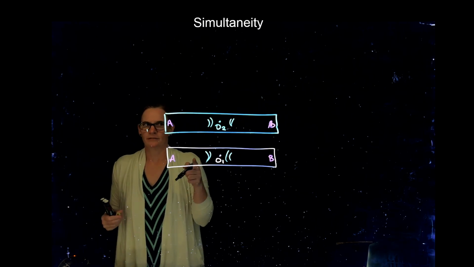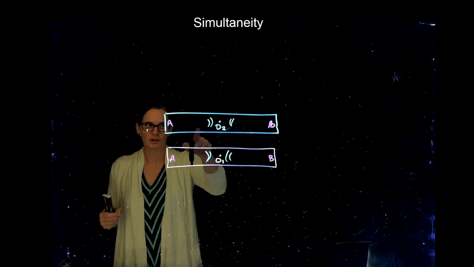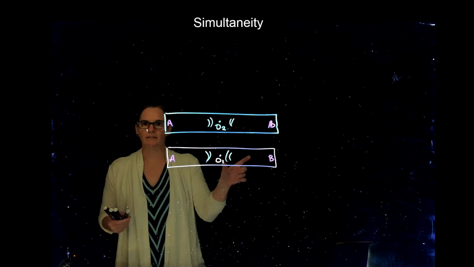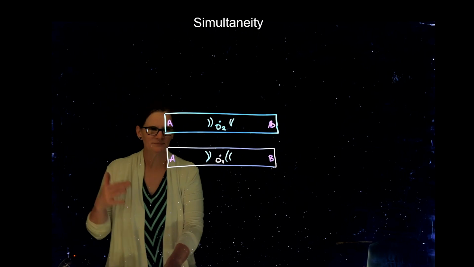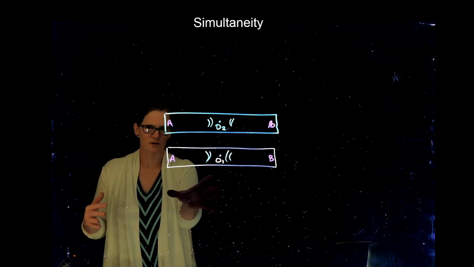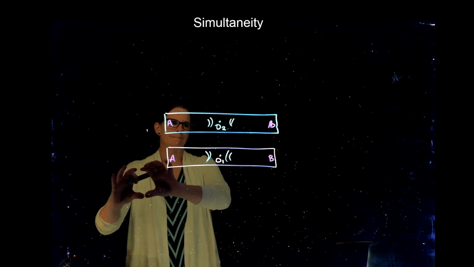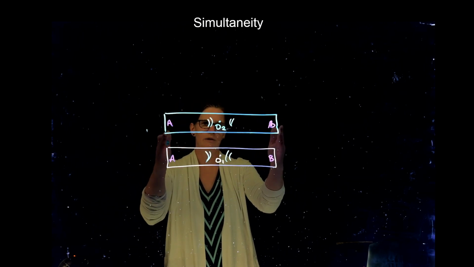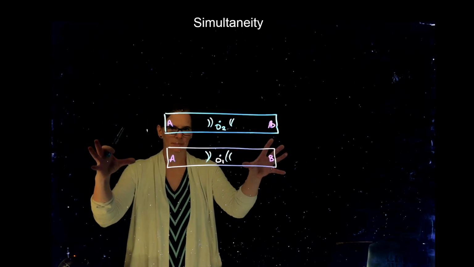Now what if observer 2, I was looking at the B, what if observer 2 is actually moving? So now imagine that, I'm going to draw this below, that observer 2 is moving. So right as the two observers pass each other, A and B happen.